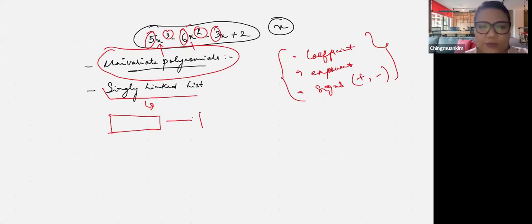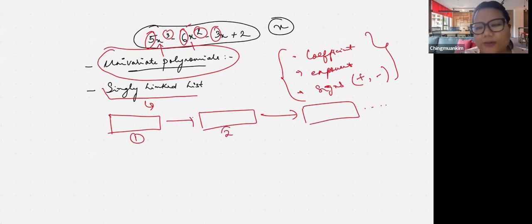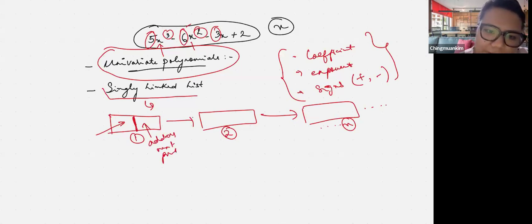You can say this is one node, second node, and this can be the last node. And we have said that a singly linked list contains data in the first block of the node, and in the second block of the node it contains the address of the next pointer, right? So wherever this address is pointing, this pointer will point to that place. All right, so that's what we have known.